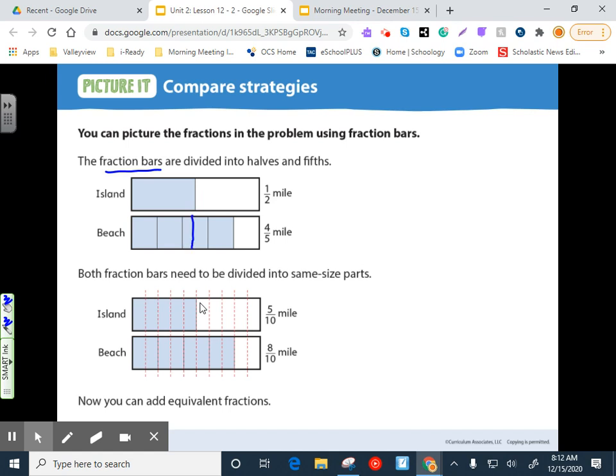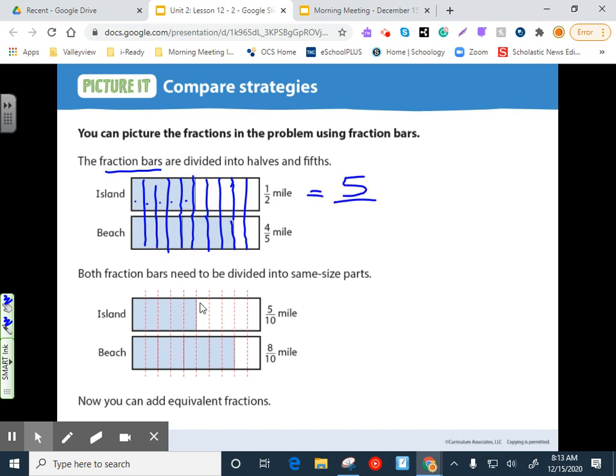So for example, if we do this, and it does the same thing down here at the bottom, then it makes sense like that. So this basically, I'll just extend these lines, make it look a little neater. Okay, so that breaks up these bars in the part where it has 10 equal parts for each one. And then you just count them up. So we have 1, 2, 3, 4, 5.